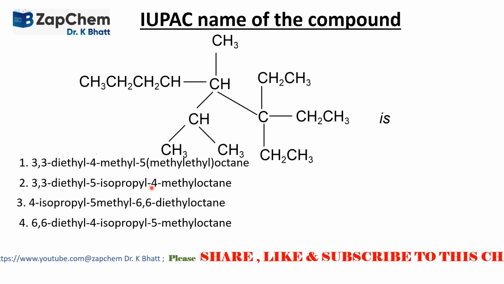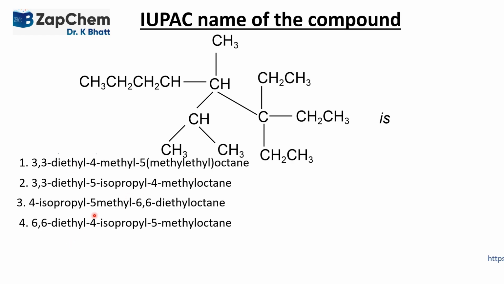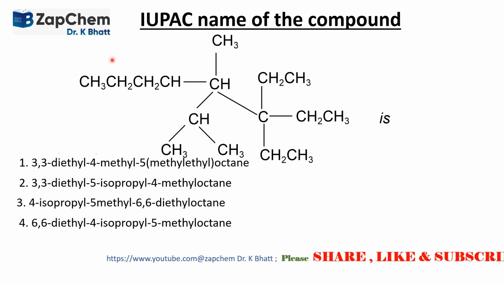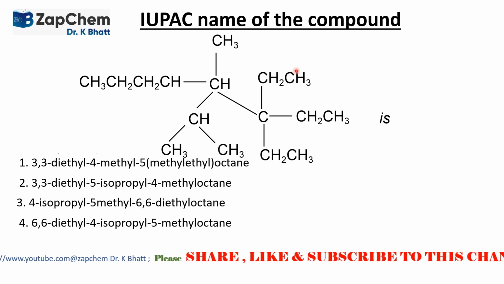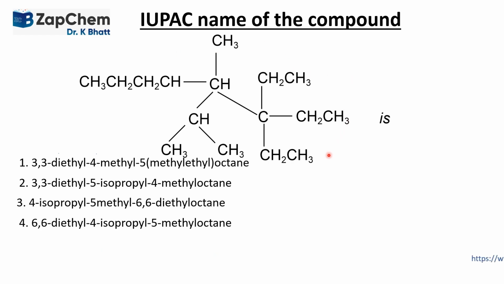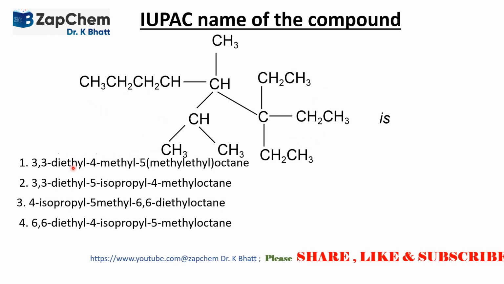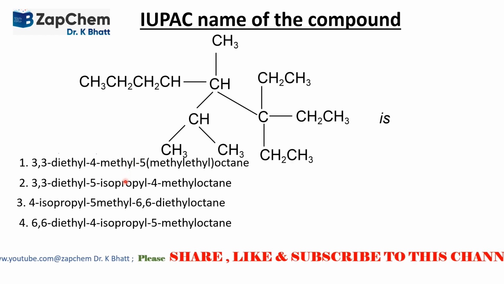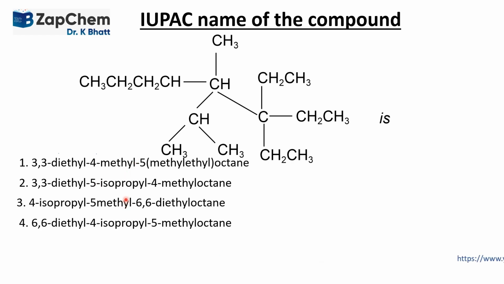So we take care about these substituents. No functional group is provided over here in the structure, and it is the substituents which could be properly cared for. And we know that it is definitely a hydrocarbon having ethyl substituent, methyl substituent, and isopropyl substituent.